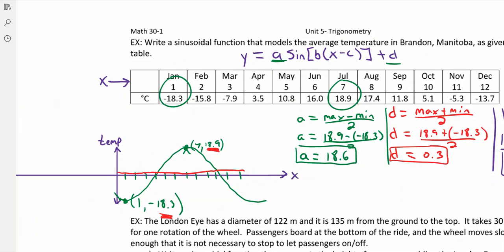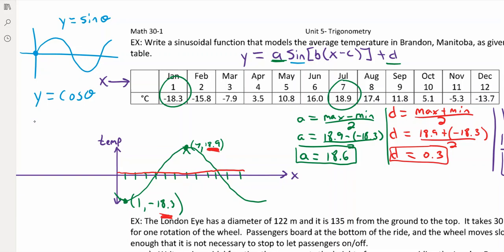If we're thinking of a sine graph, y equals sine theta starts at the origin and then goes up and down. Our cosine graph, y equals cos theta, starts here and then goes down and around. When it says sinusoidal function, we can choose either sine or cos, so we can make it either one.